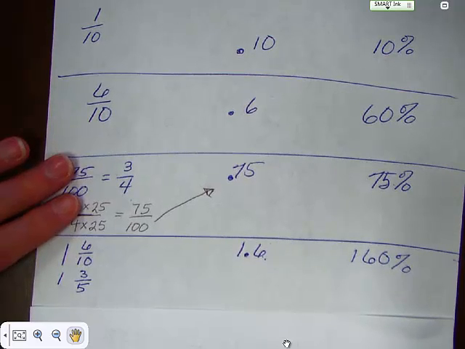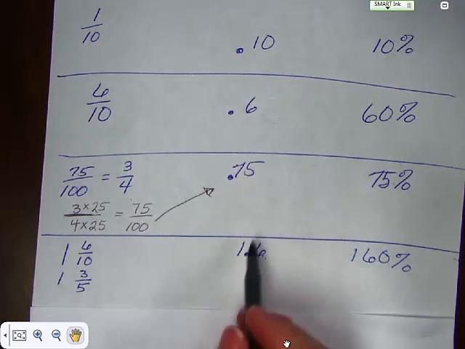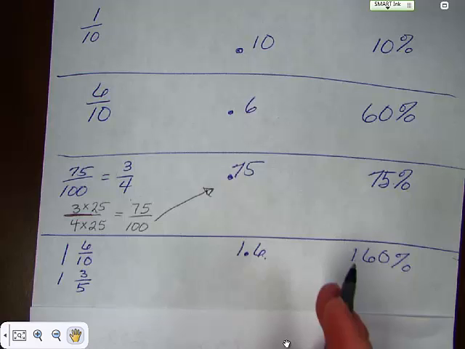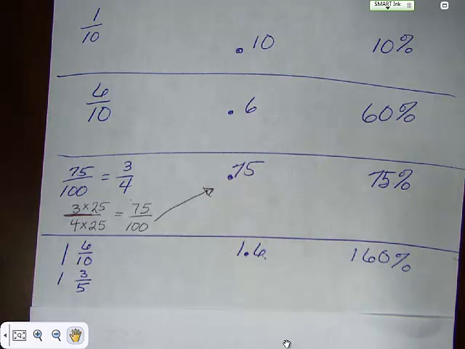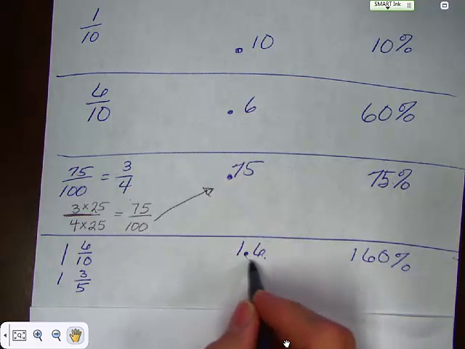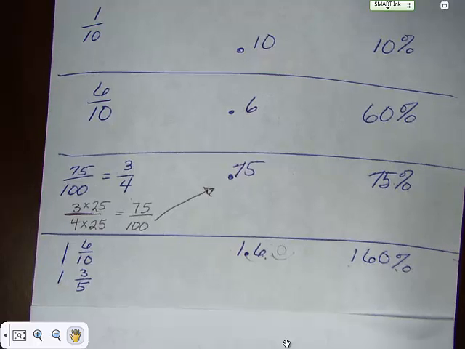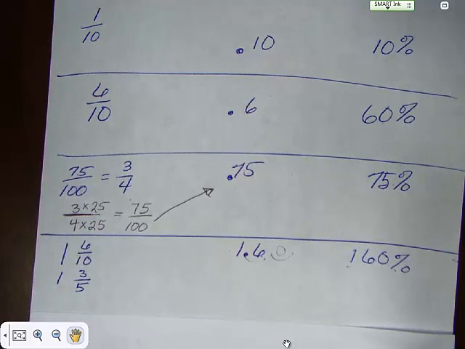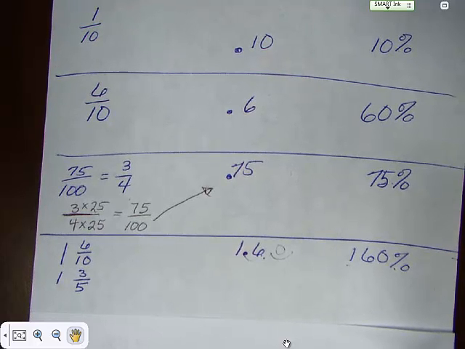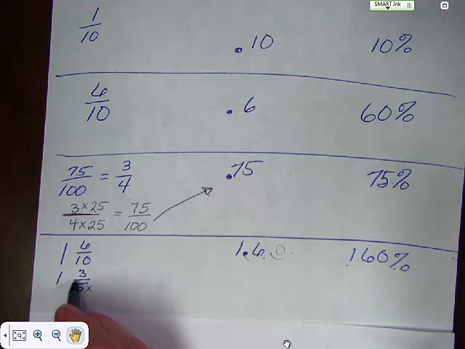Okay, here's a couple more. 1 6/10 is 1.6. Now remember, if it's larger than 1, then the percent is going to be greater than 100. So we move the decimal point over 2 places, add that 0, we end up with 160%. Now we have 1 3/5. Okay, so let's take this 5 and let's try to make it into 100.